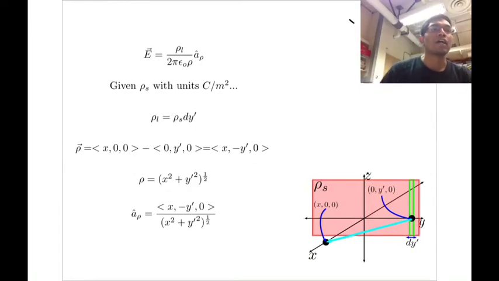So we have to express all of these as a dE, or the effects of all of these components for one of these lines with dy prime will be a dE, or a very small bit of the overall electric field of this whole infinite sheet. And we can find E by then integrating over the bounds of this infinite sheet.